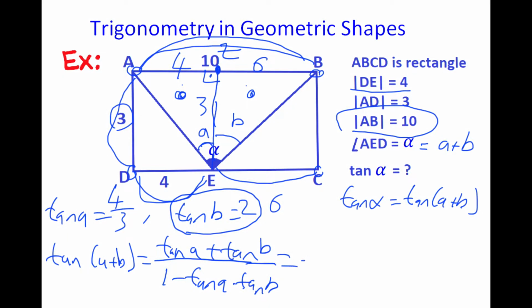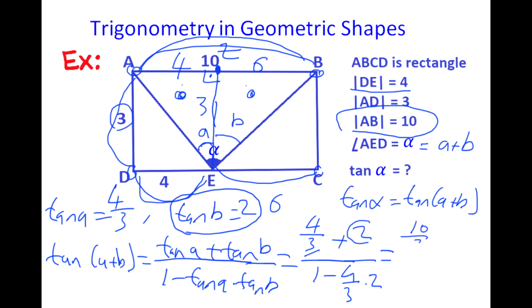And this is going to be equal to tangent A is 4 divided by 3, plus tangent B is 2, divided by 1 minus 4 divided by 3 times 2, guys. This is going to be equal to, I'll make it short here. What I'm going to do is I'm going to just multiply this 2 by this 3, which is going to be 6, right? So it's going to be 4 plus 6, which is going to be 10.